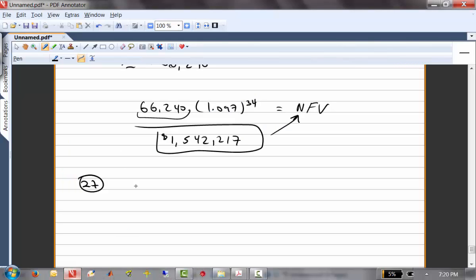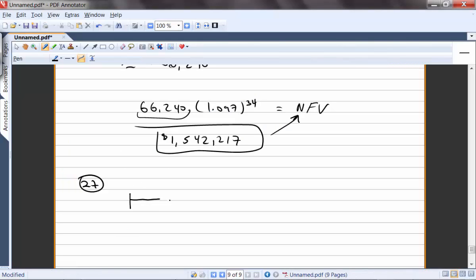Let's draw a little diagram that describes what we were just told here. For the first 33 years, we'll call this now t equals 0. We earn 12% on whatever we put into the account.